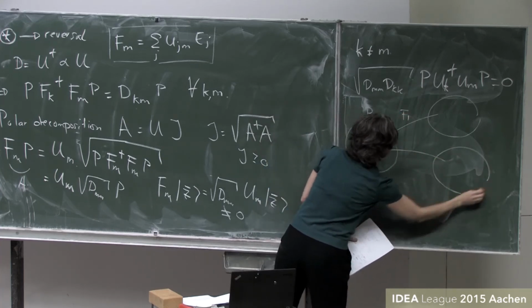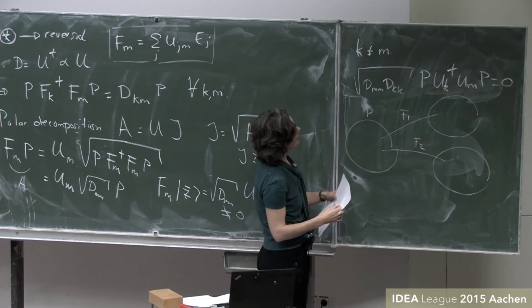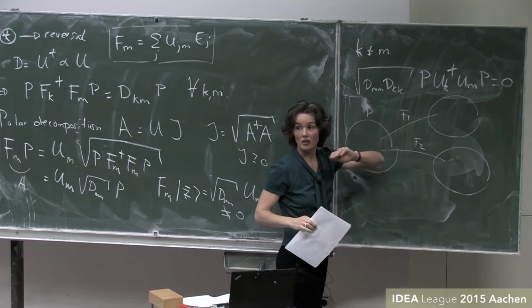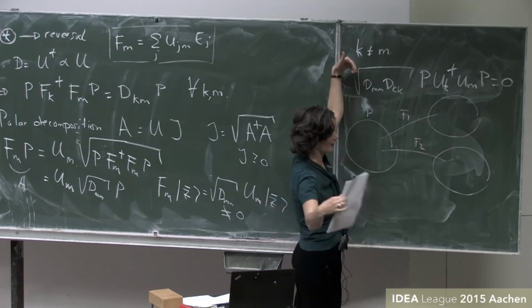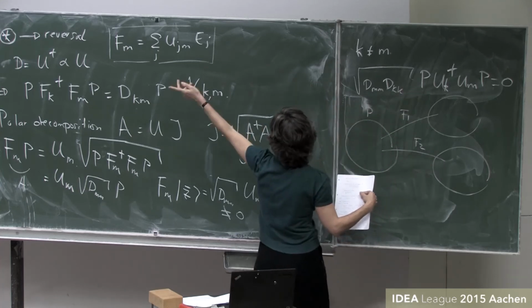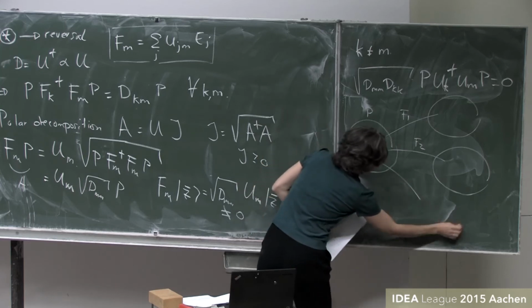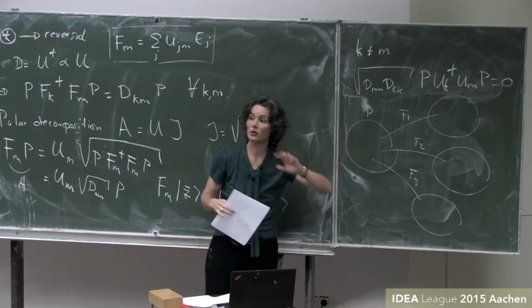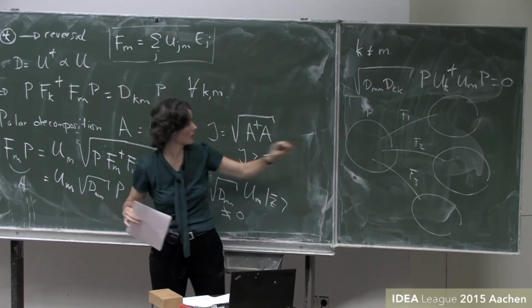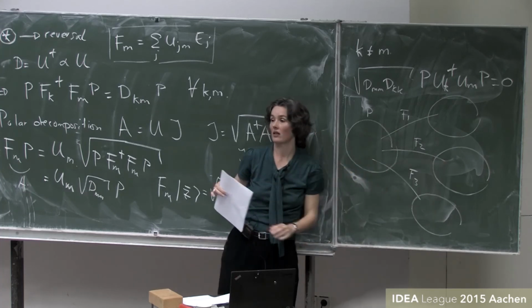My F_2 maps it onto another subspace. And this condition says that these subspaces are orthogonal. You can massage this a little bit to say this more clearly by taking bra and ket with respect to these projectors and so on. But what it says essentially is that each error maps you onto a different copy of this original space. And each of these subspaces are orthogonal.